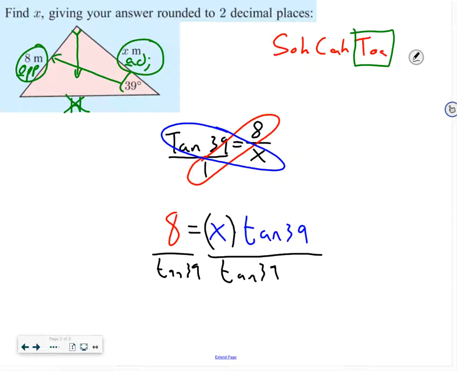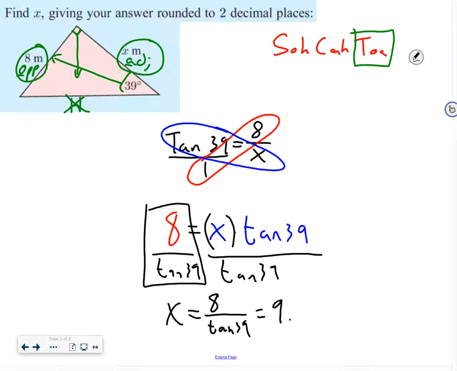Then as I get x by itself, x is equal to 8 divided by tangent of 39. So putting that in my calculator, I do 8 divided by tangent of 39, and I see that that's equal to 9.88 to 3 significant figures, and I'm dealing with meters.